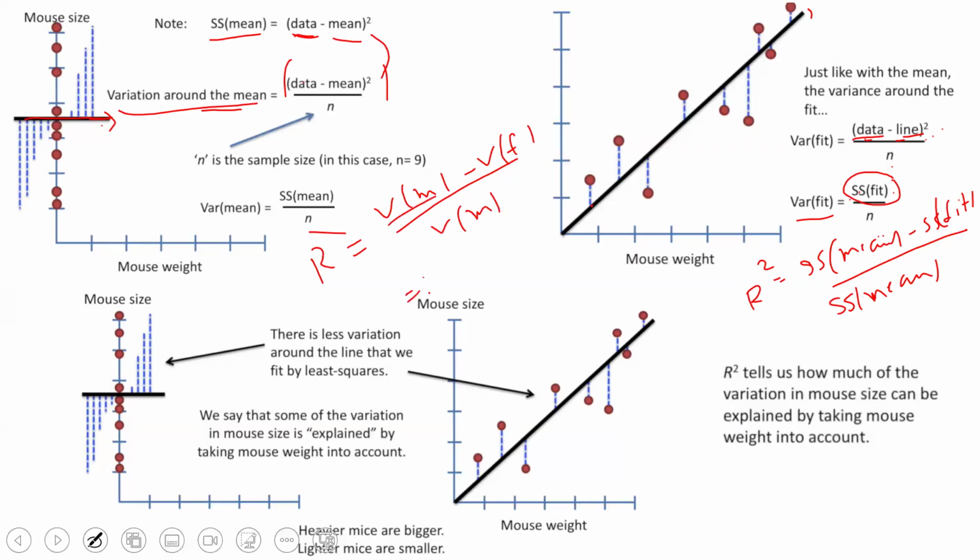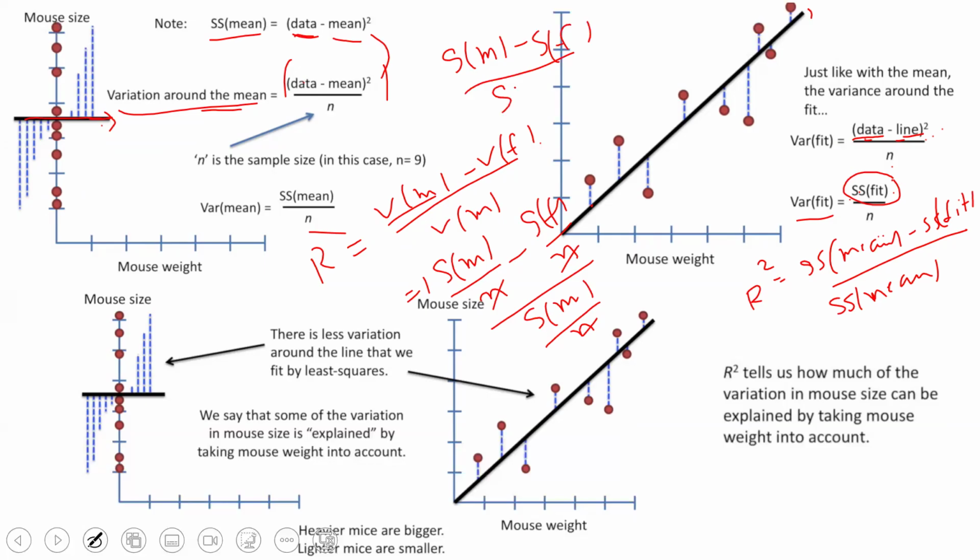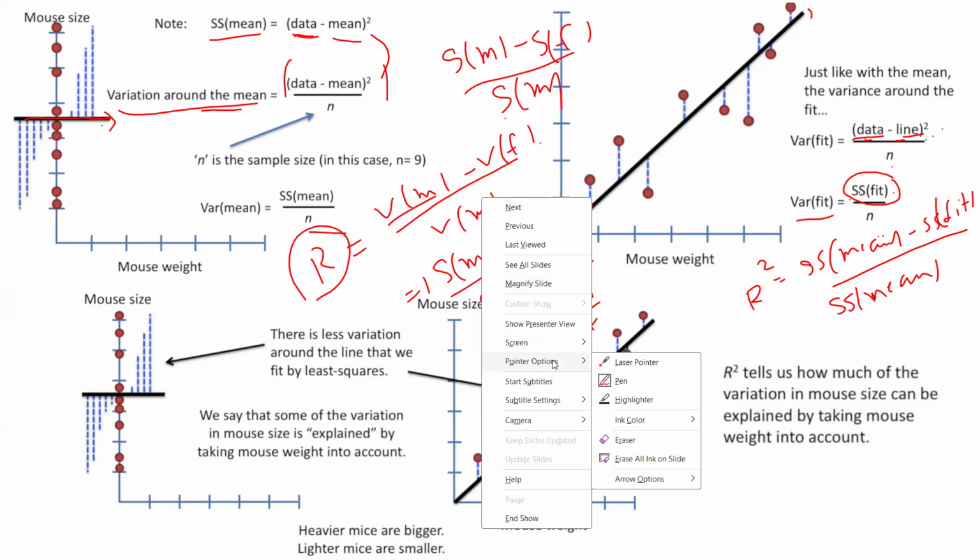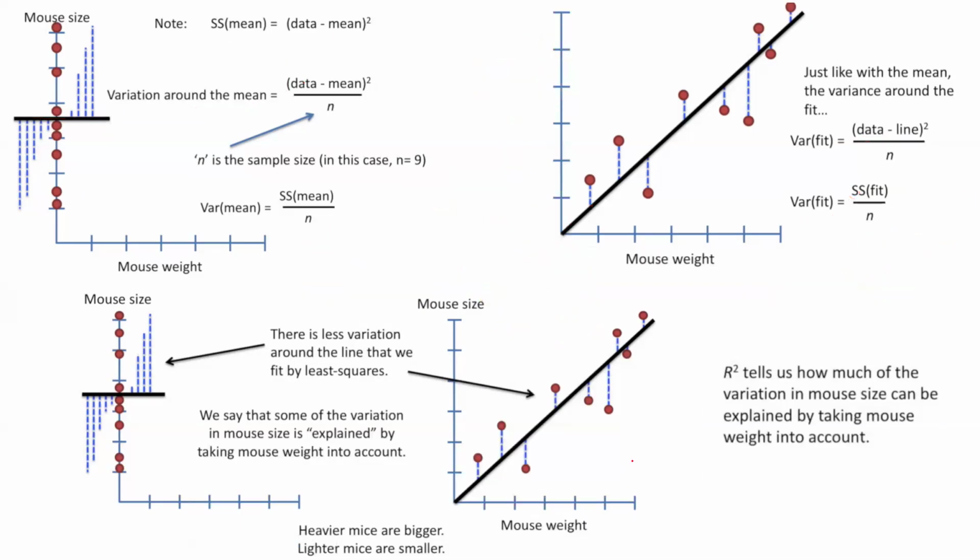So variance along the mean is now replaced by sum of squares along the mean by n, minus sum of squares along the fit by n, by sum of squares along the mean by n. So n will cancel. So finally you'll get sum of squares along the mean minus sum of squares along the fit, by sum of squares along the mean. So that is what R square actually means. So that's the new derivation for R square.